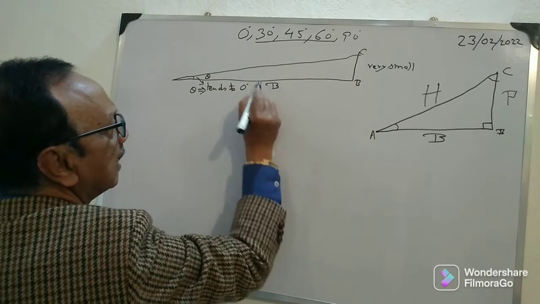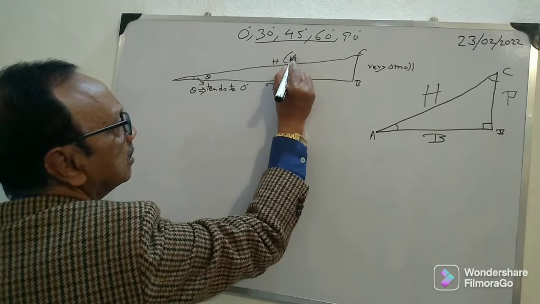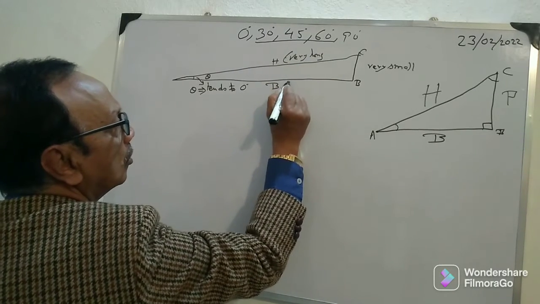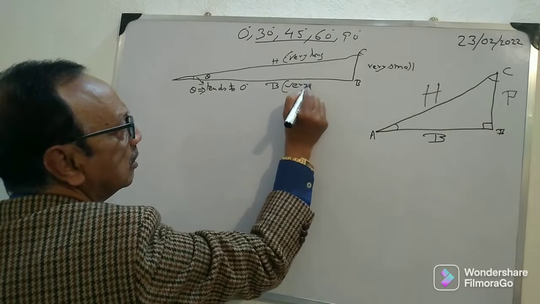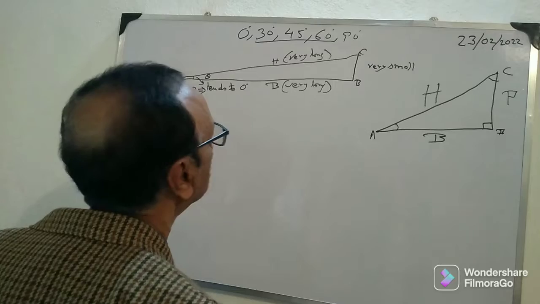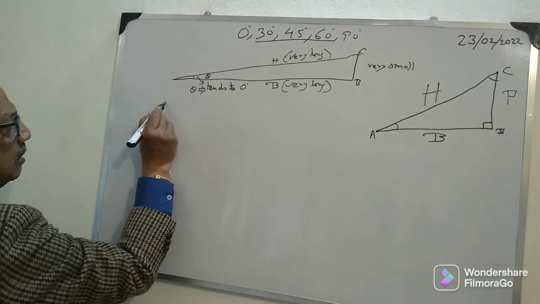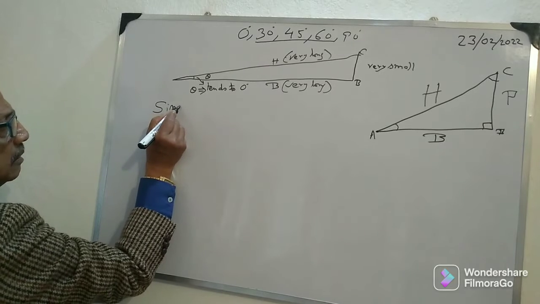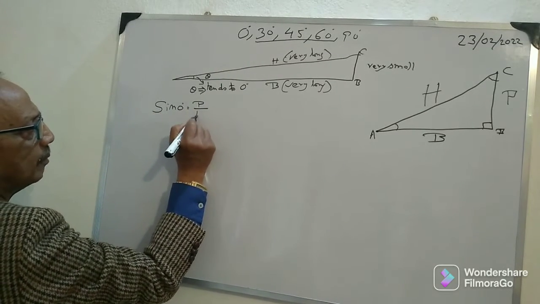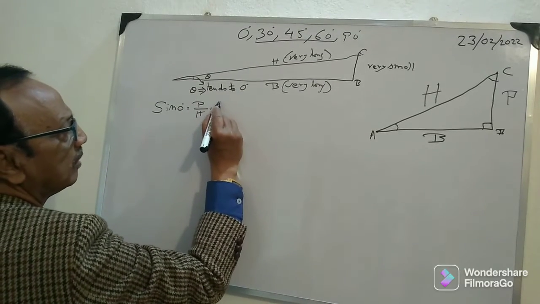This base is very long, and this height is very small. Okay? That means you know that sine 0 degree angle is perpendicular by hypotenuse, very small by very long.